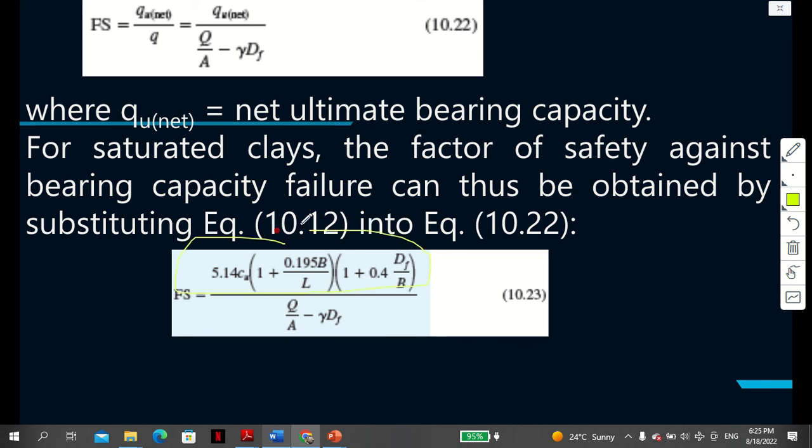We already talked about this. You remember Q allowable net, and this is the Q. We've talked about this before.